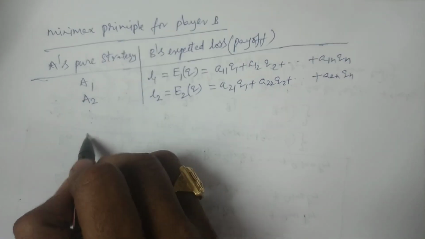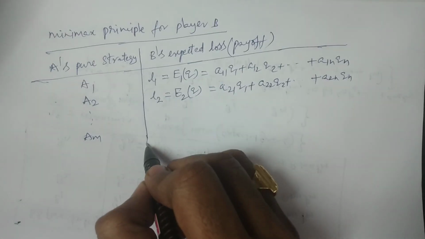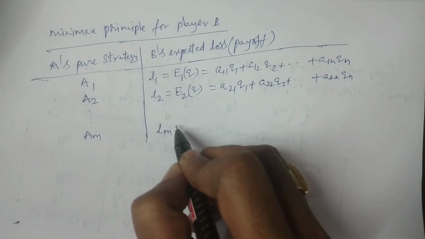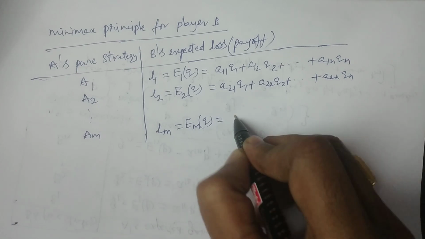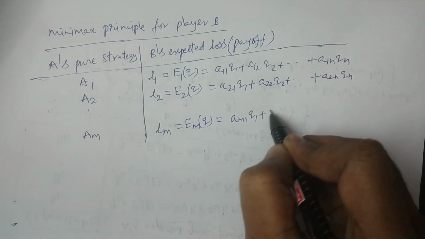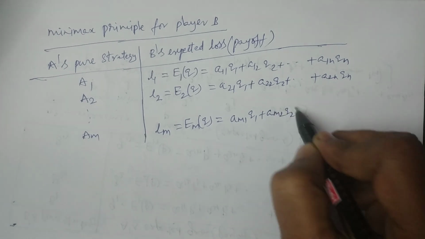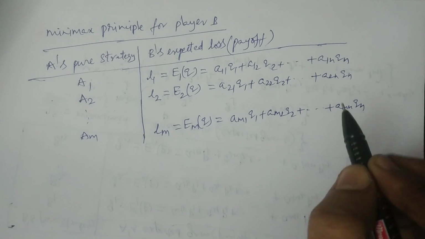Similarly, if player A uses the strategy Am, then B's expected loss is Lm, which is EmQ, equal to Am1 Q1 plus Am2 Q2 plus and so on plus Amn Qn.